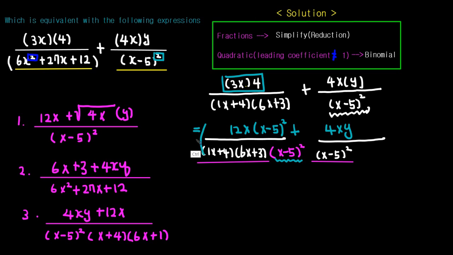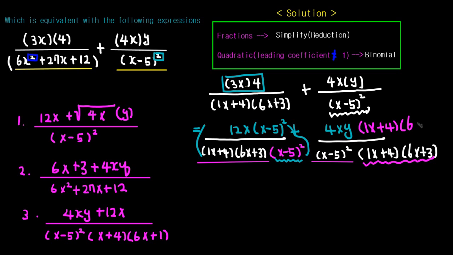And then all of that, plus 4xy over x minus 5 squared, and then times 1x plus 4 times 6x plus 3. And also we need to multiply these terms in the numerator so we can keep an equal one. So 1x plus 4 times 6x plus 3.